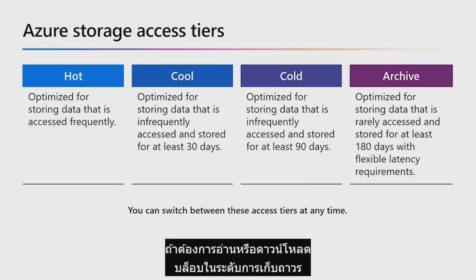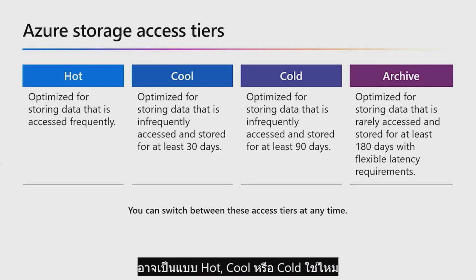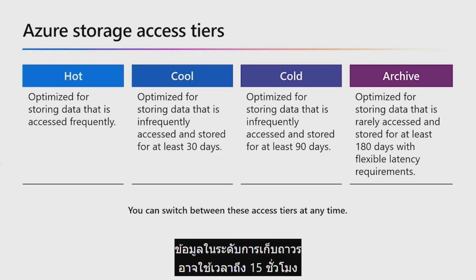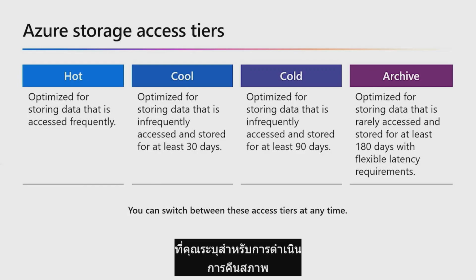To read or download a blob in the archive tier, you must first rehydrate it to an online tier, either hot, cool, or cold. Data in the archive tier can take up to 15 hours to rehydrate, depending on the priority you specify for the rehydration operation.